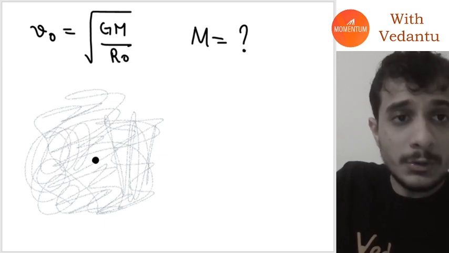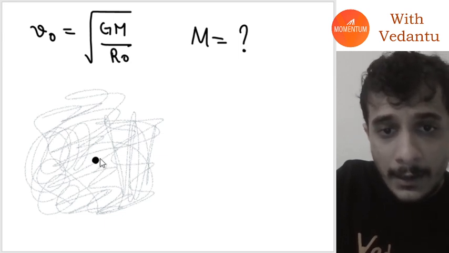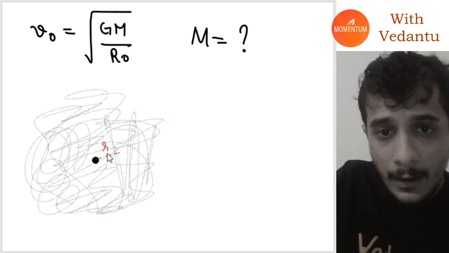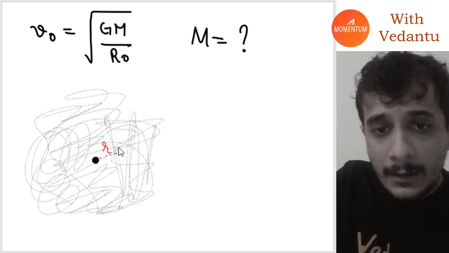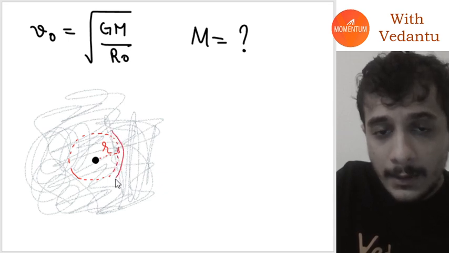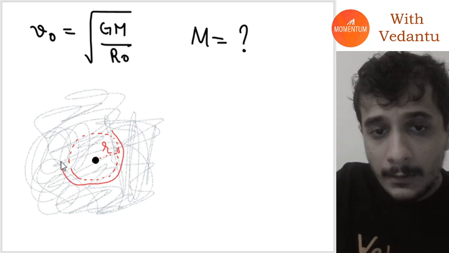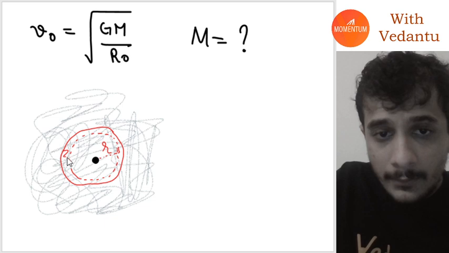So in order to do that, I will go at a distance r and I will take a thin spherical shell of thickness dr. I will take something like this.